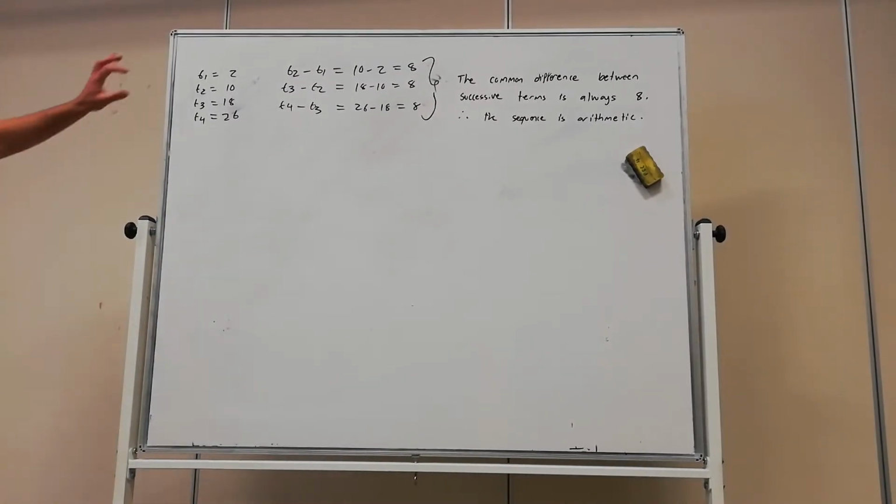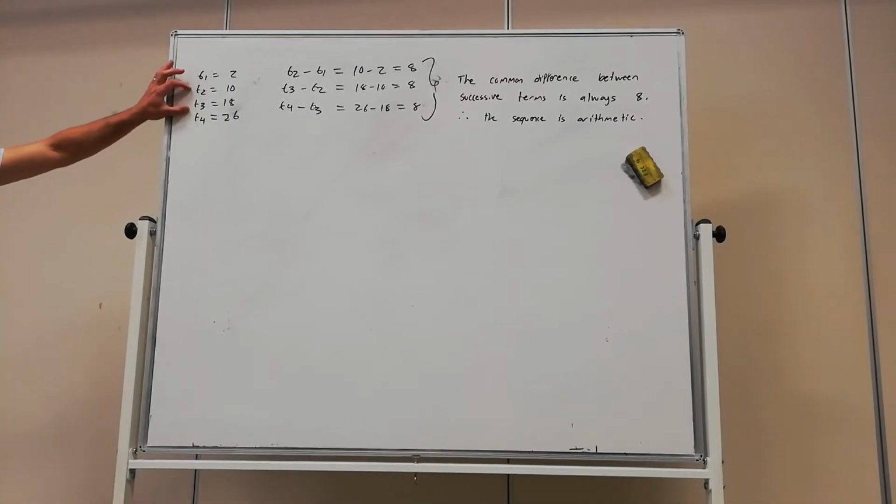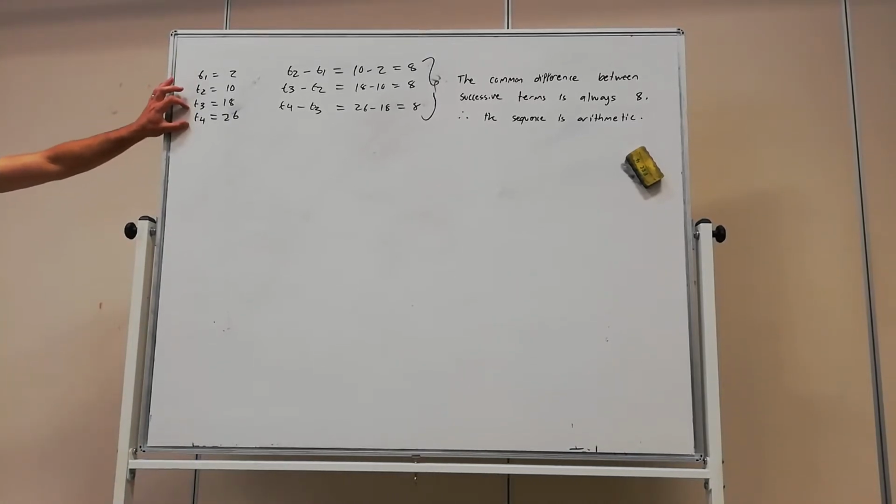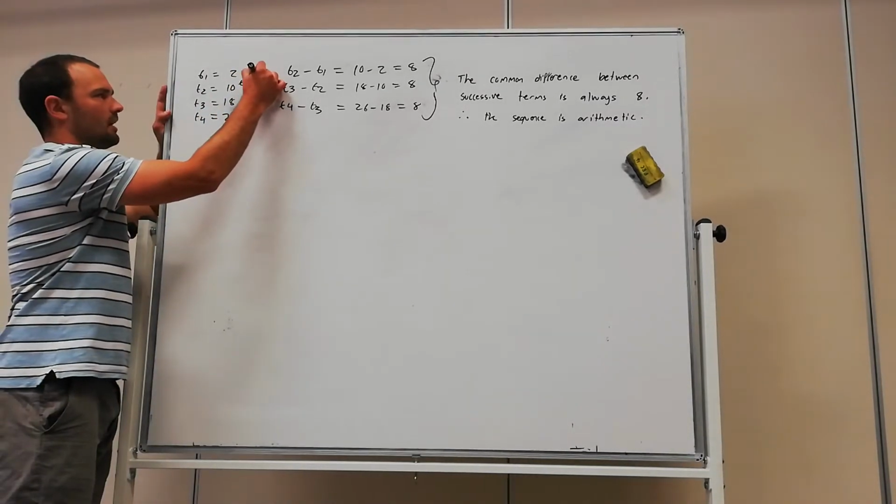So the difference between the second term and the first term, the difference between the third term and the second term, the difference between the fourth term and the third term. We can see it's going up by 8 each time.